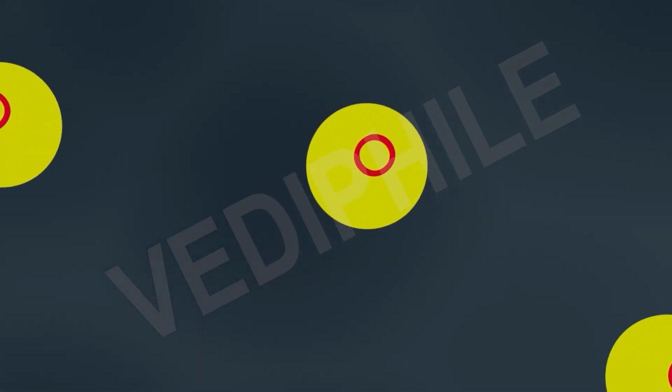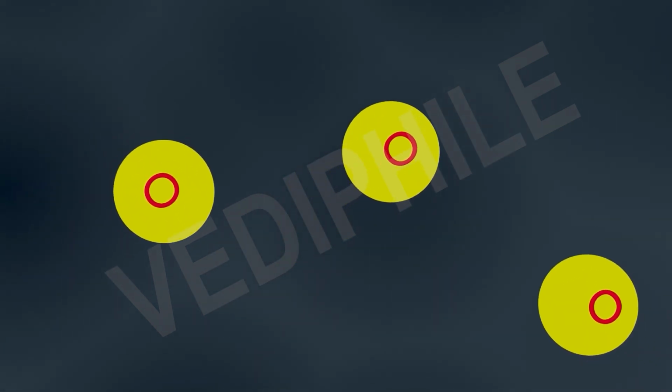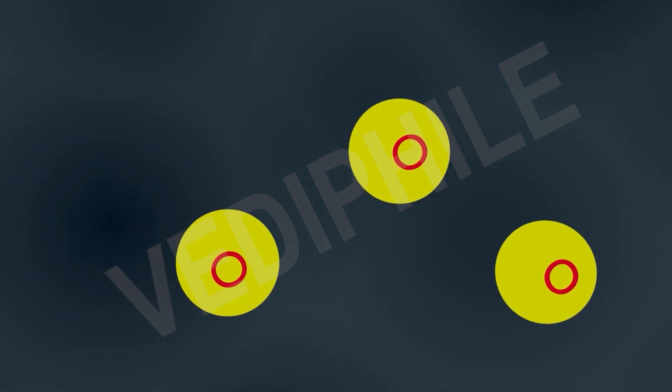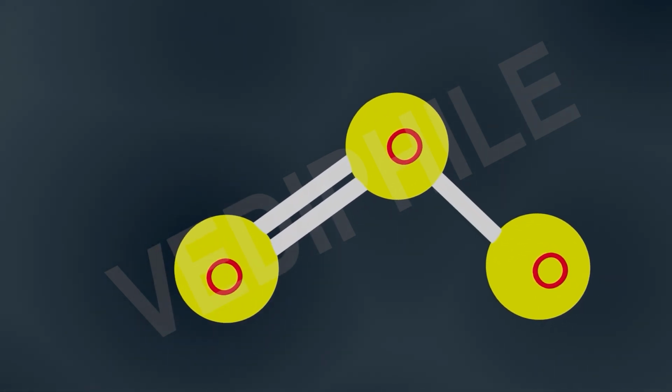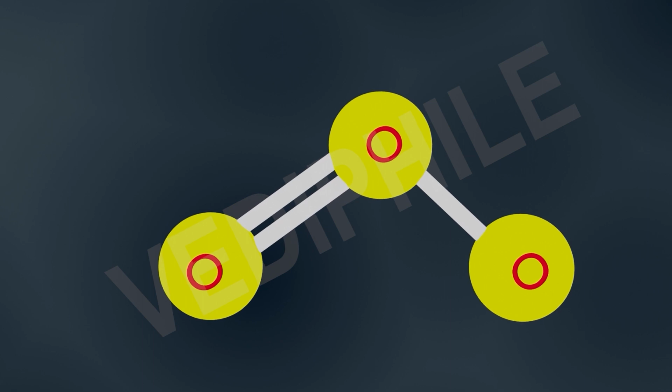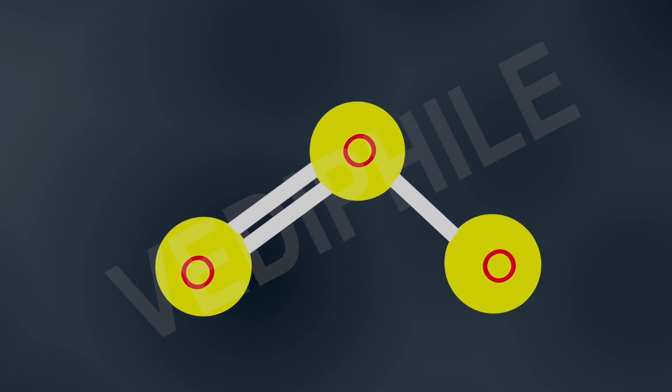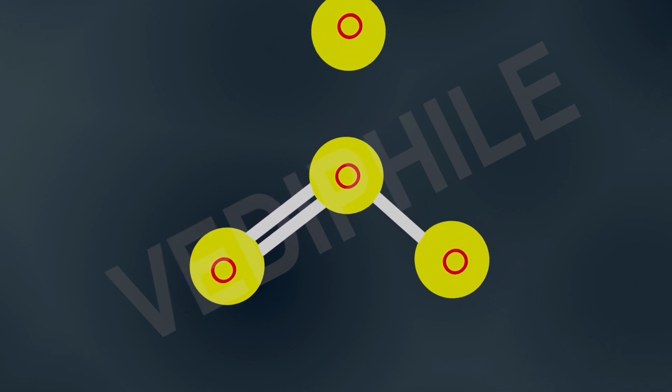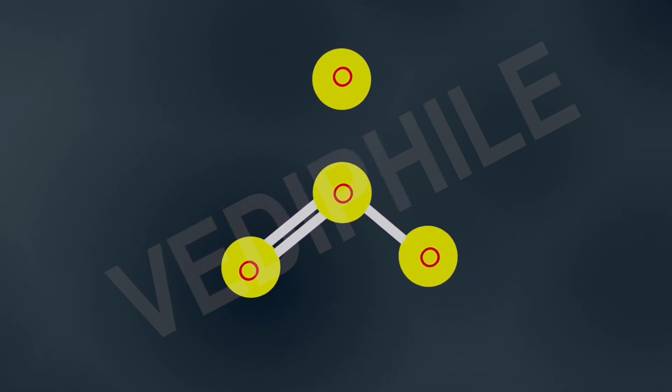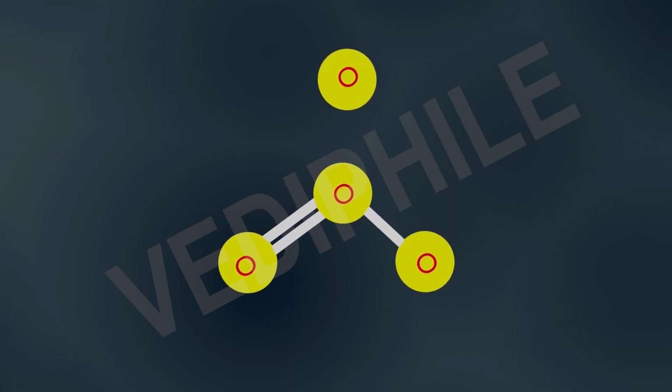Rarely one oxygen atom can form bonds with 2 other oxygen atoms and they form the O3 ozone molecule. But one oxygen atom can never form bonds with 3 other oxygen atoms. So the O4 molecule does not exist.